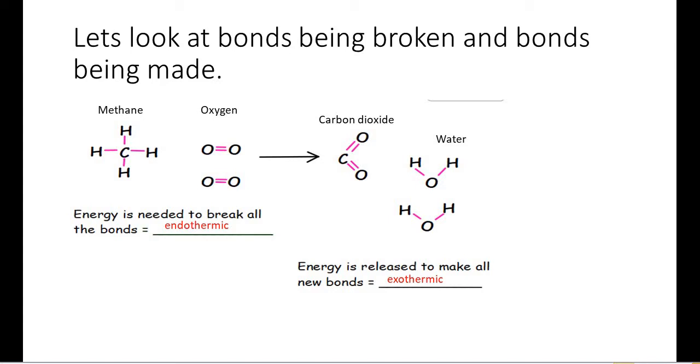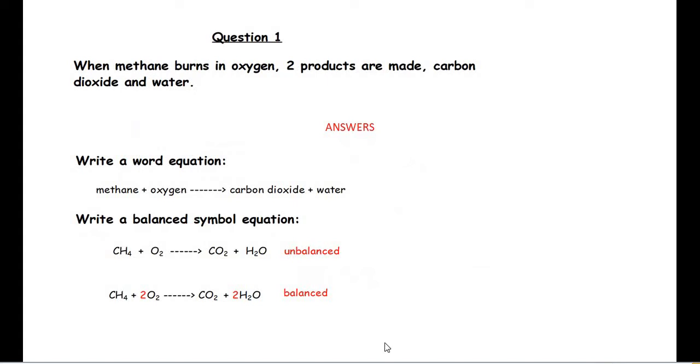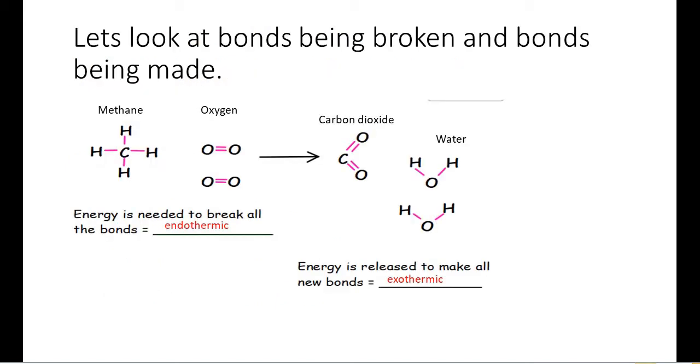The reason you've got 2 molecules of oxygen is if we go back to this balanced equation, I've got 2 lots of oxygen molecules. So this is why it's important that you balance your equation. And then you're making 1 molecule of carbon dioxide and 2 molecules of water. If you look back at your balanced equation, you'll see why I've drawn 1 carbon dioxide and 2 water molecules.